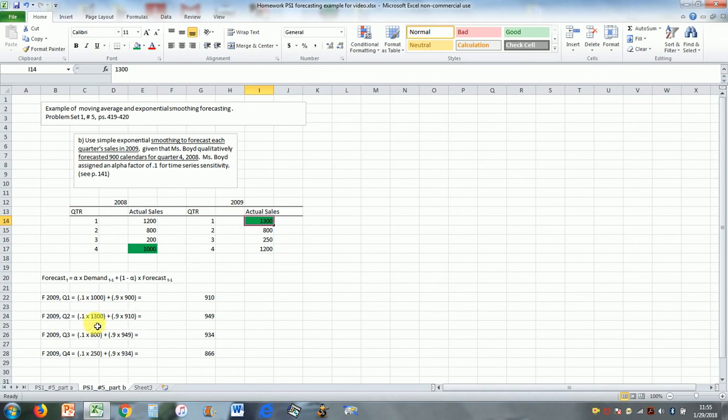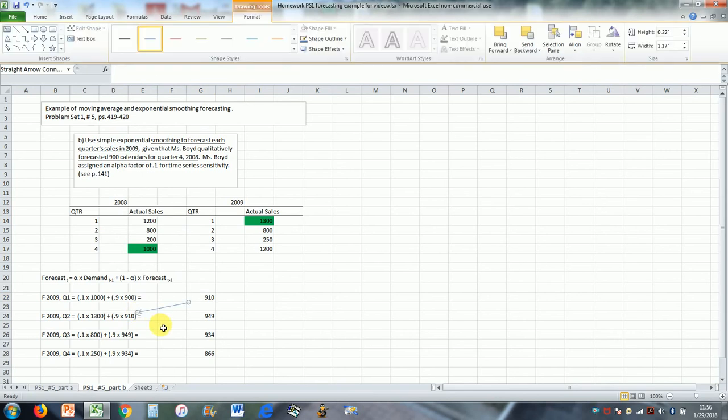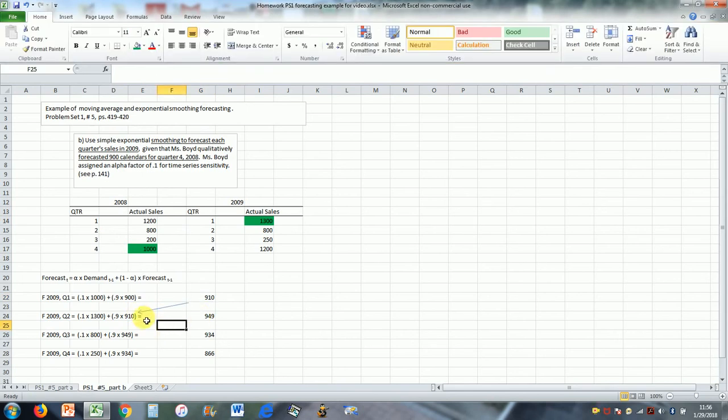That's the actual sales. And then we have to add that to our 1 minus alpha factor of 0.9 times the forecast of the previous period. Where would we get that? Well, right here, of course. It's the 910. And we're going to use that right here. Okay? That's where that comes from.